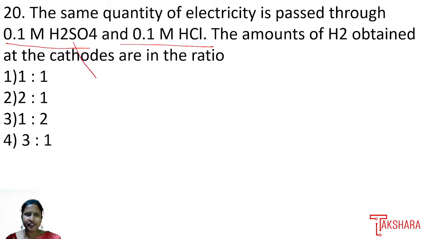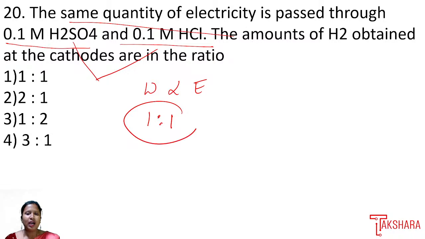When the same quantity of current is passed through solutions of the same concentration, they are asking the amounts of H2 obtained at the cathodes are in the ratio. Since the molarity is the same, the weight of the substance is directly proportional to the equivalent weights, so we will be getting a 1:1 ratio. So we can choose option 1 as the right answer.